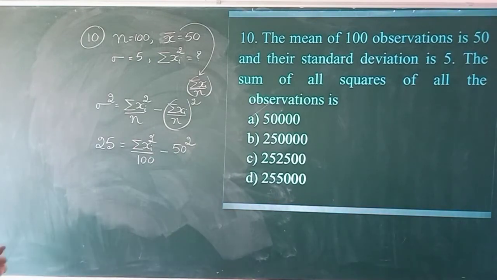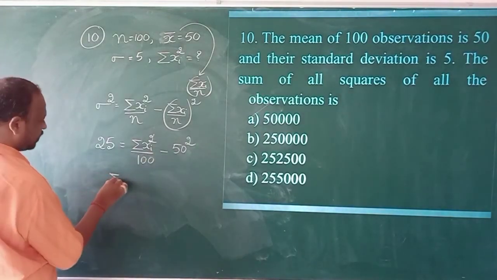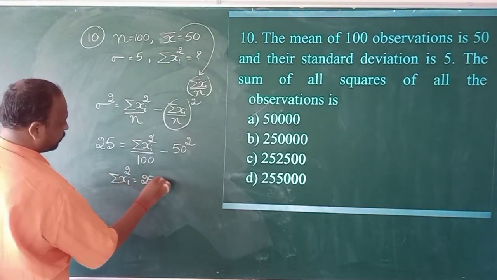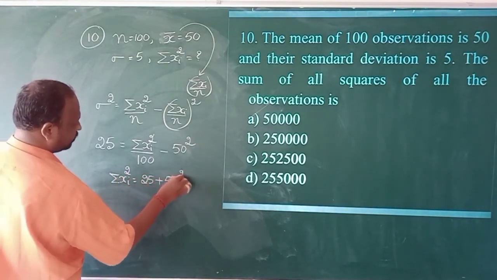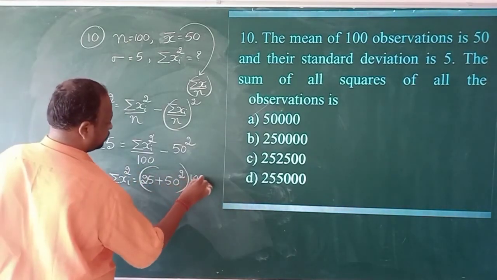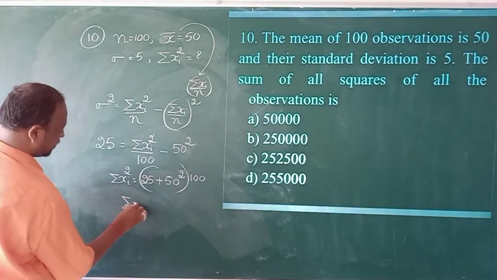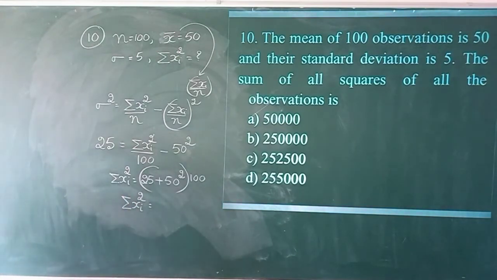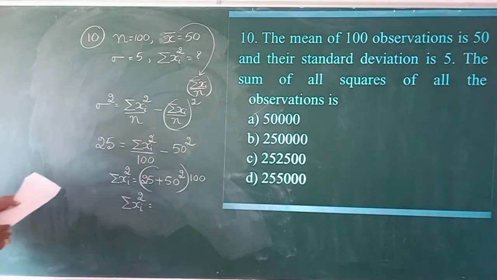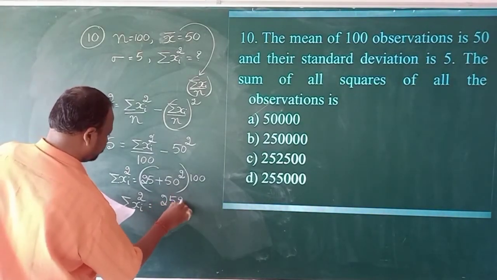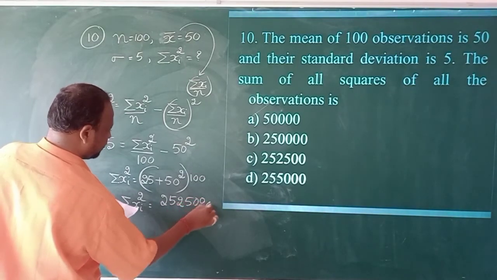So now sigma xi square is 25 plus 50 square, into 100. Sigma xi square, you will get 252,500.